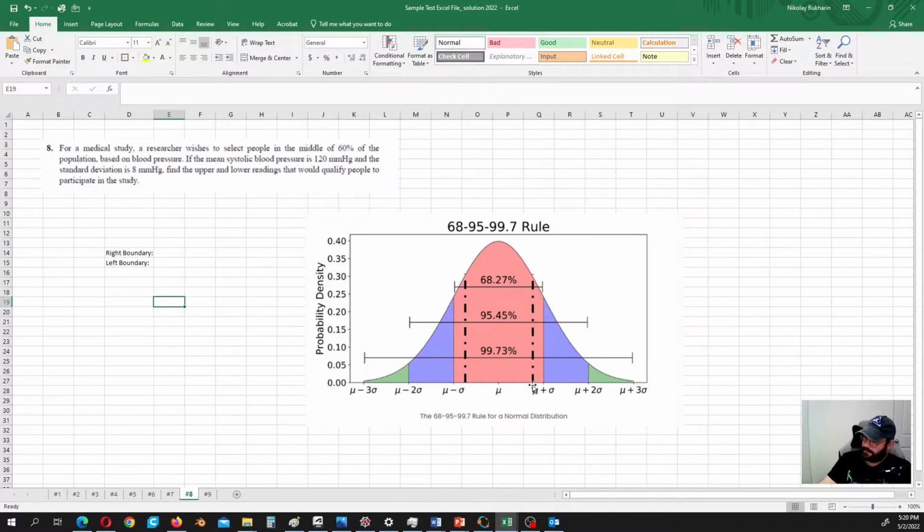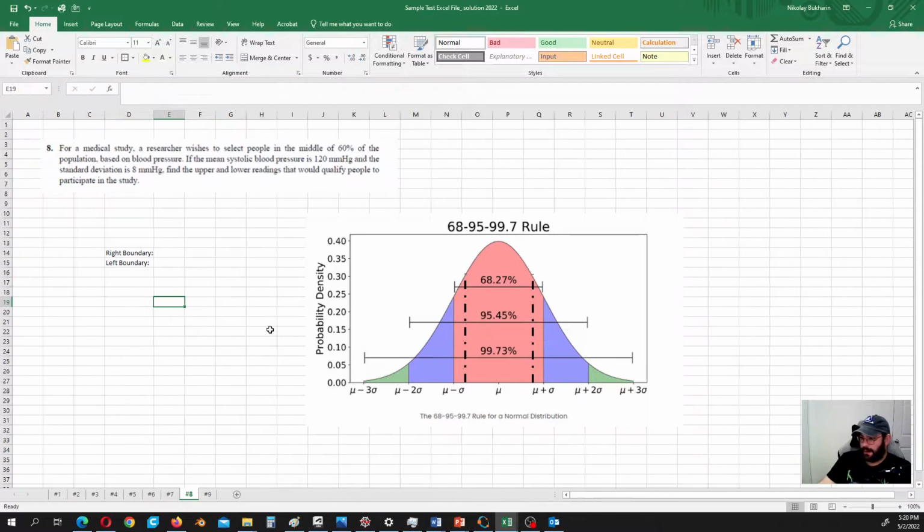So that means we need to find such a z-score, or such a pressure if you're not talking about a standard normal distribution but a normal distribution, which cuts 80% of the area to the left. And we also need to find such a z-score or such a pressure which cuts 20% of the area to the left.